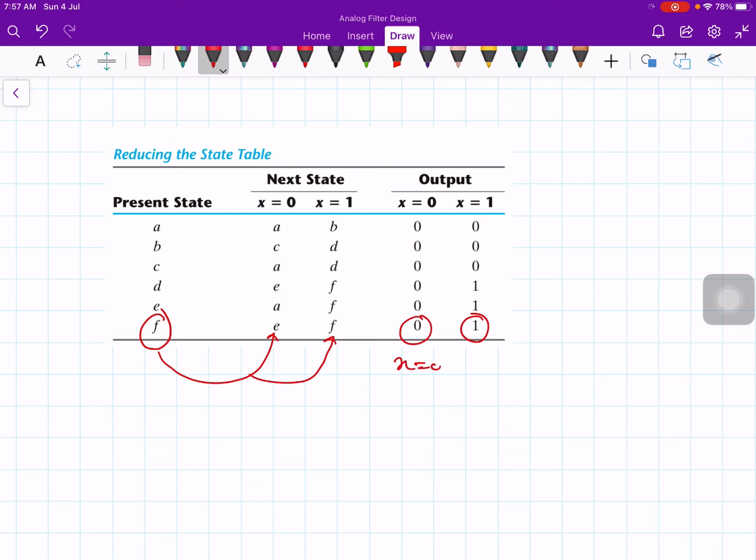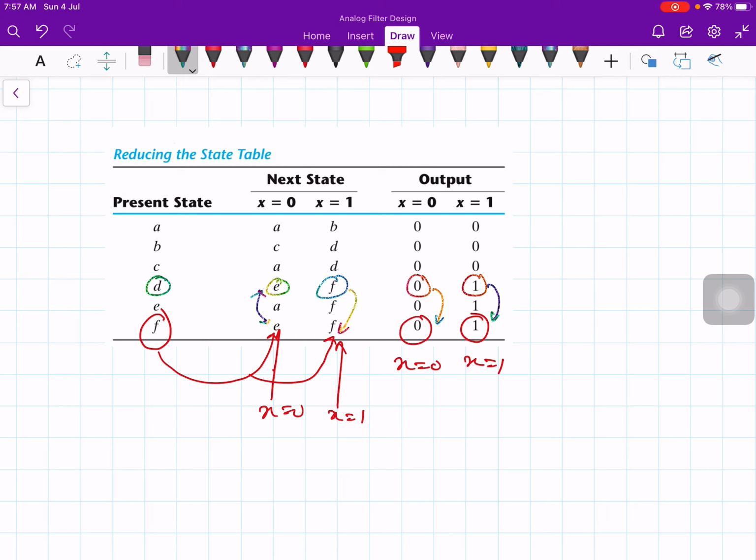This is for x equal to 0 and this is for x equal to 1, and this state is for x equal to 0 and this state for x equal to 1. Okay, now is there any other row which has this kind of relationship? If you look at row D, here also E, both of them E, and this is F and this is F, and outputs 0 0 1 1. Therefore D and F are identical.